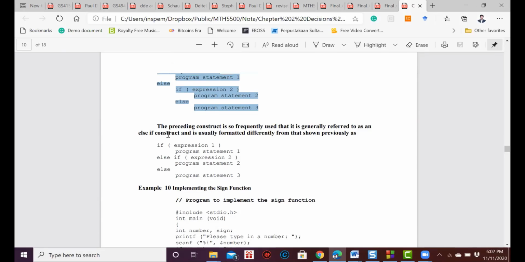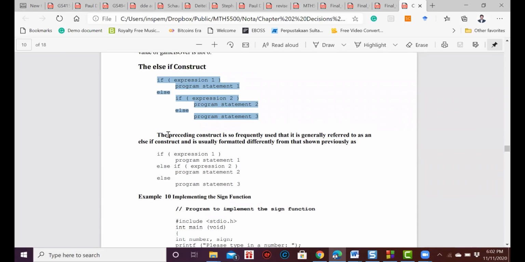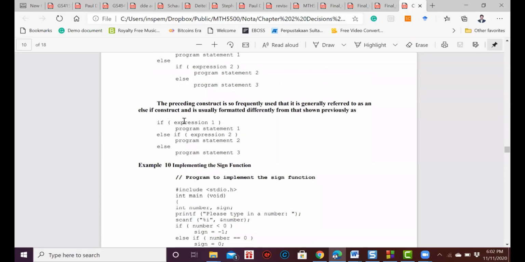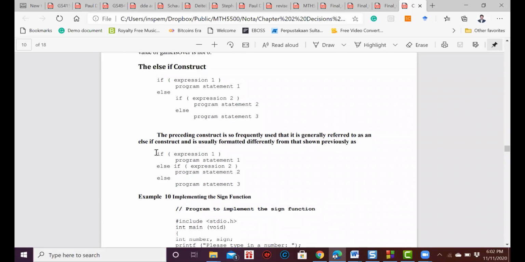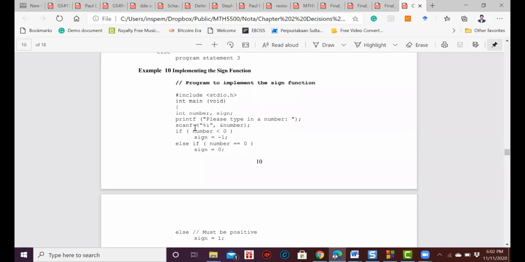In this case, nested if else has additional lines, more lines compared to this one. If we have many selections, the else if form looks nicer compared to nested if. Now we look at a real example here.